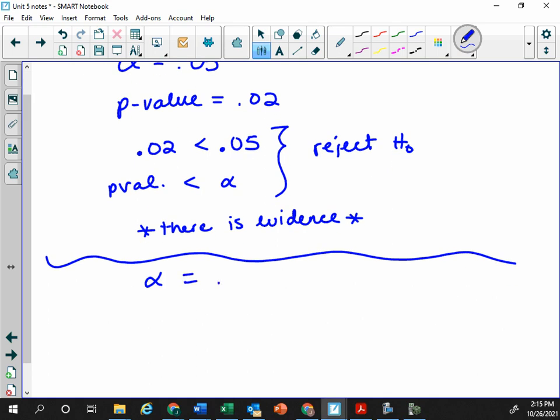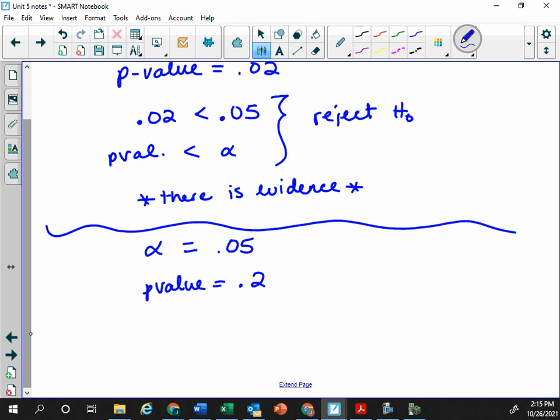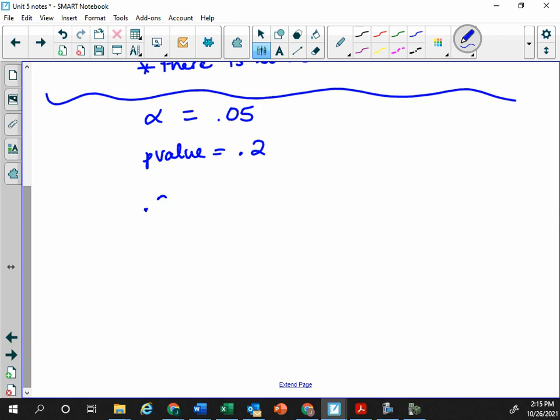All right, let's stick with alpha level of 0.05, but now let's say our p-value is 0.2. 0.2 is bigger than 0.05, right? So our p-value is now bigger than our alpha. So when that's true, what do we do? Fail to reject. Yes, we fail to reject the null.